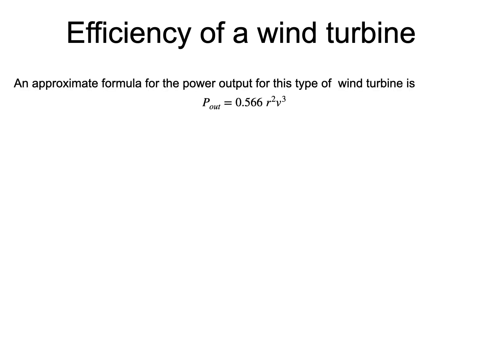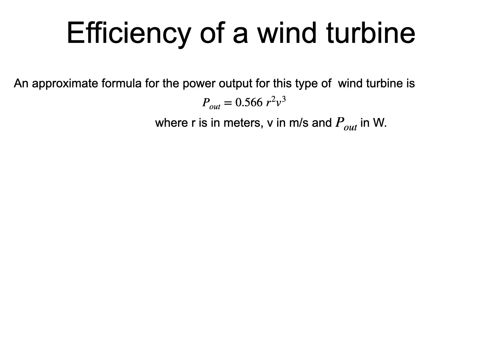Empirical formulas for the electric power output of such turbines depend on the wind speed and the size of the blades, just like for the power input. For a typical turbine, the power output is 0.566 r square v cubed, where r is in meter, the wind speed in meters per second, and the power output in watts.